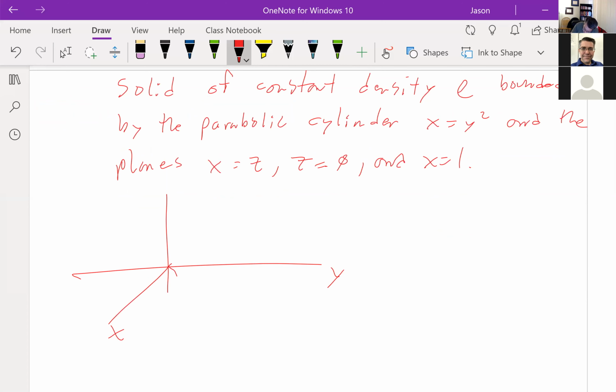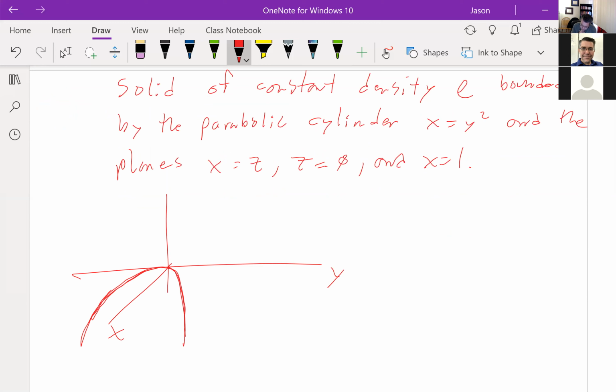But it really looks like this if you're thinking in terms of just y squared. So it's this parabola.